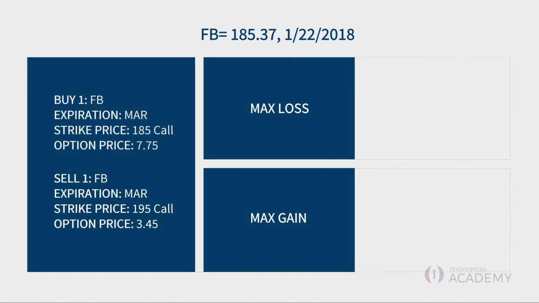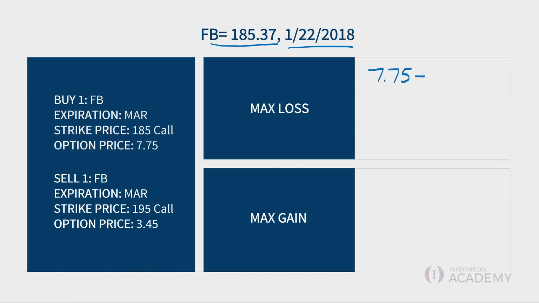So let's take a look at the max loss and the max gain. So Facebook's at 185.37. It's January 22nd, 2018. I'm bullish on the stock out to March expiration. Let's go ahead and calculate our max loss. So we're going to take the premium that we spent on the 185 call of $7.75.